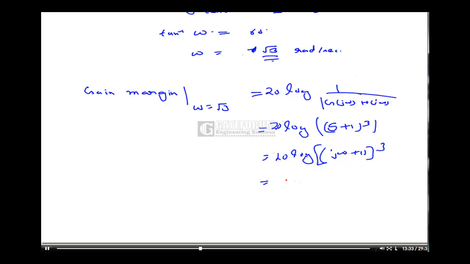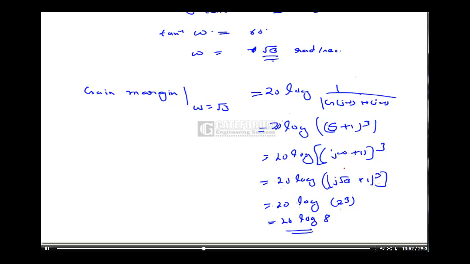Substitute omega by root 3, 20 log of (j root 3 plus 1) whole cube. So this is equal to 20 log of 2 cube, which is equal to 20 log 8, the gain margin. So at phase crossover frequency, that is when phase is minus 180 degree, my gain margin is positive. Okay, the system is a stable system.